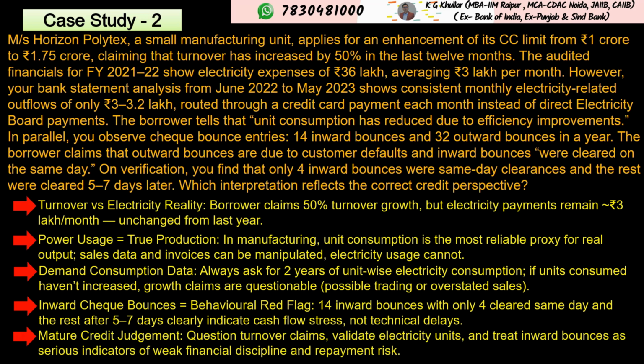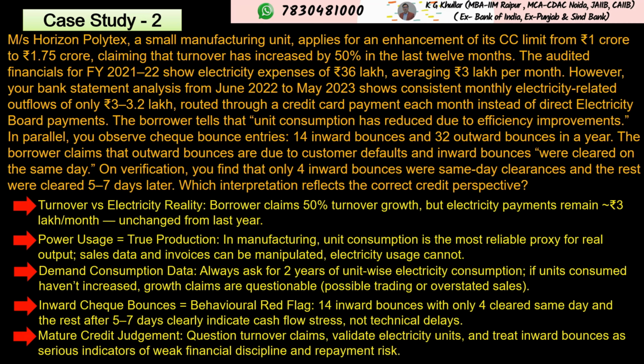Outward bounces can sometimes be justified because customers in semi-urban or rural markets often delay payments, but inward bounces directly tell you about the borrower's inability to honor supplier obligations. And when the borrower cannot honor supplier payment on time, how will he serve the bank's EMI on time? On top of that, a high bounce percentage combined with the delayed clearing shows deeper liquidity issues.